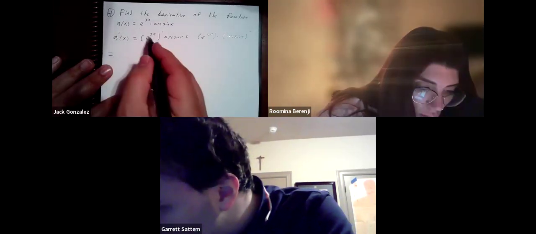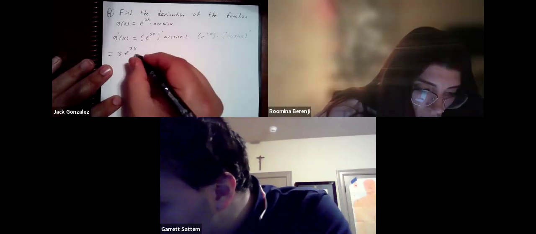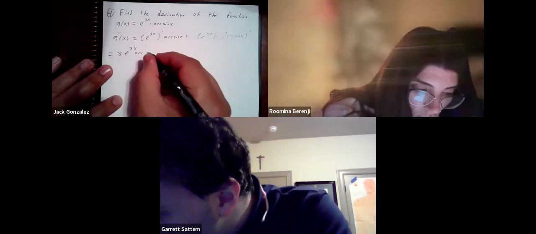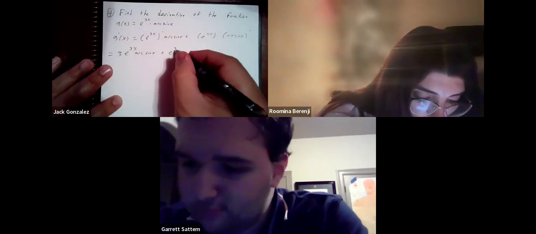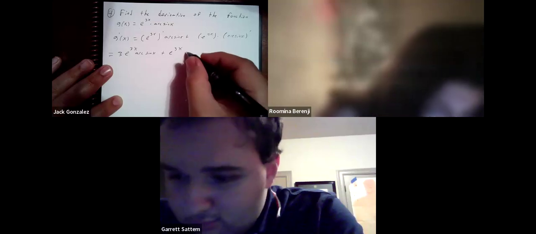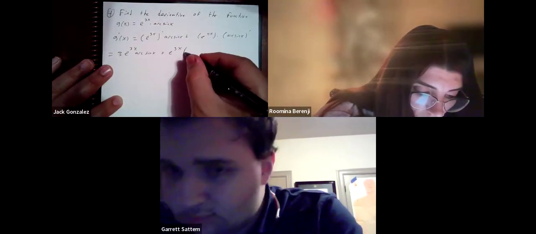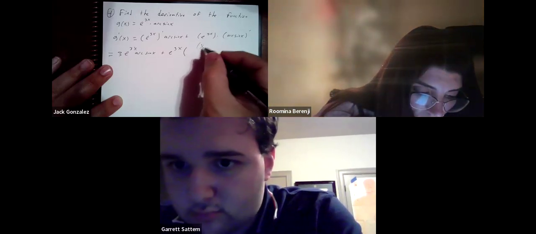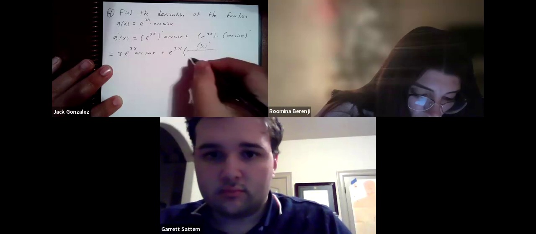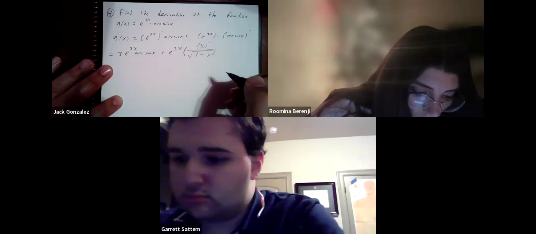So this would become 3e^(3x) arcsin x plus e^(3x), and this is the formula again. So that'll be the derivative of arcsin x, which is 1 over the square root of 1 minus x squared.